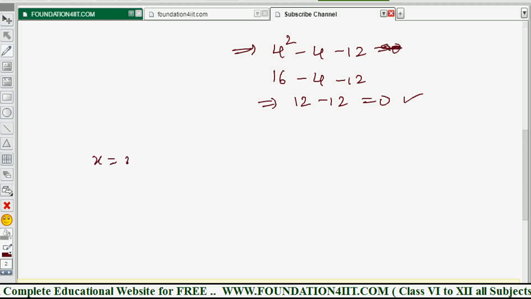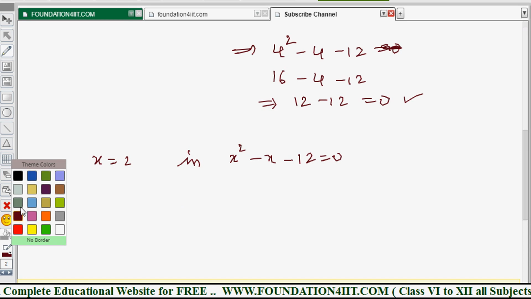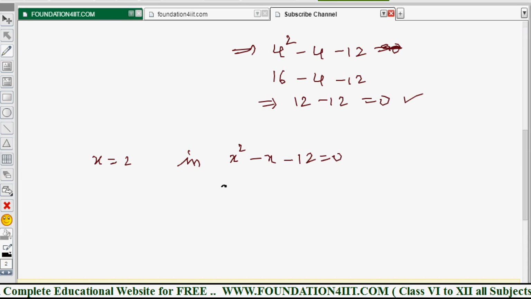Let x be equal to 2. Just substituting x is equal to 2 in x square minus x minus 12 is equal to 0. Then how do we substitute here? In the place of x, we will substitute that value. That is 2 square minus 2 minus 12 is equal to 0. 4 minus 2 minus 12 is equal to 0.